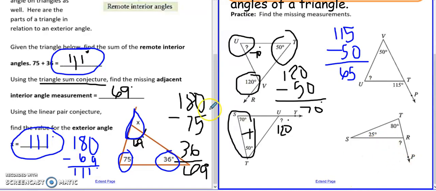Down at the bottom right, it's kind of the opposite. We have the remote interior angles, so we want to add those together in order to get the exterior measurement. So I'm going to do 80 plus 25. If I add those up together, we would get 105 degrees for the exterior angle measurement.